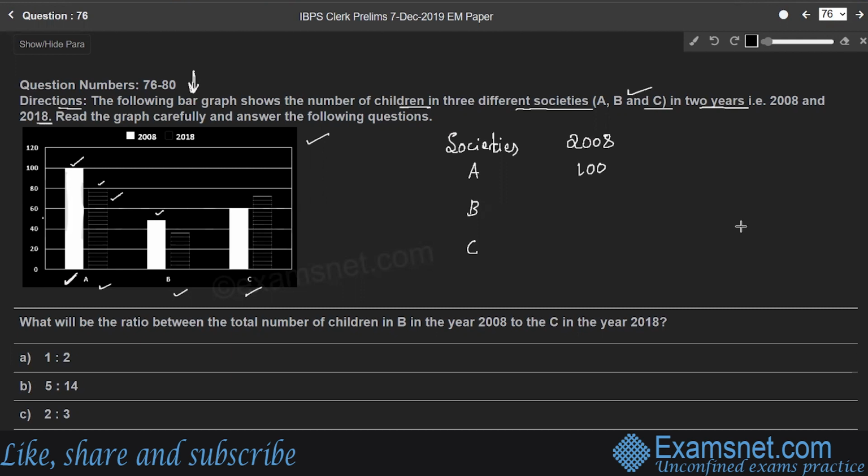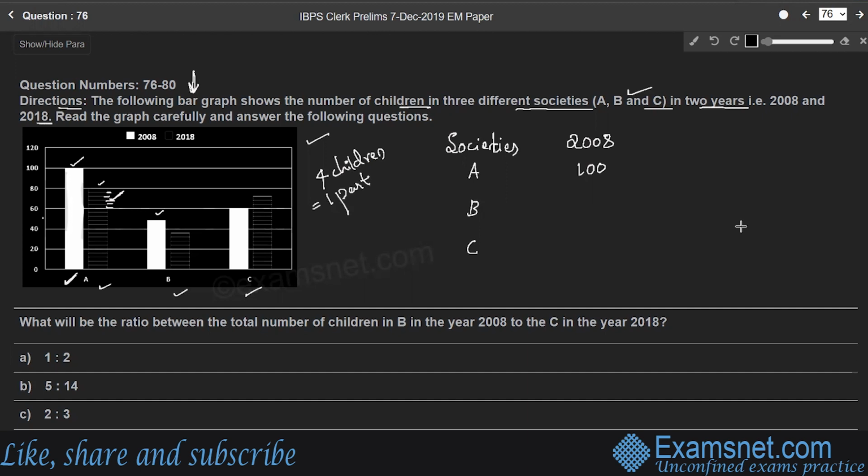Look at 2018. Between 60 and 80, there are 5 equal parts. So one part is equal to 4, that means one part is equal to 4 children.